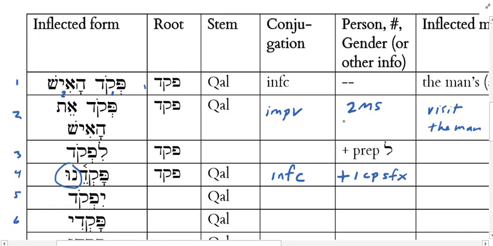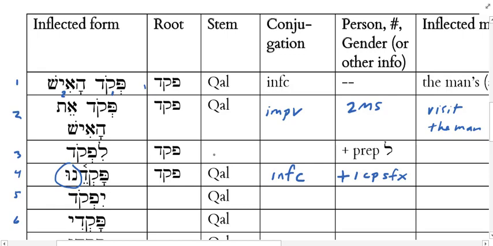No. Every imperative must have a person, gender, number. That's why I'm not putting plus 2ms here. 2ms is part of the imperative conjugation. But when I add plus 1cp suffix, what that's telling me and you is that adding a first person plural pronominal suffix is optional. I could have an infinitive construct without it, without any suffix.